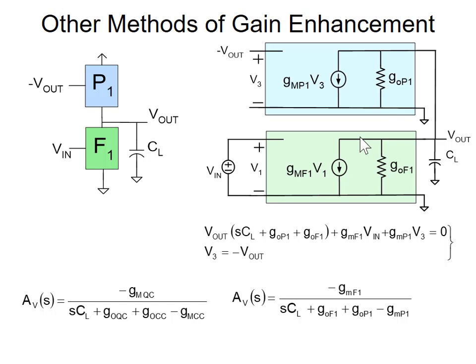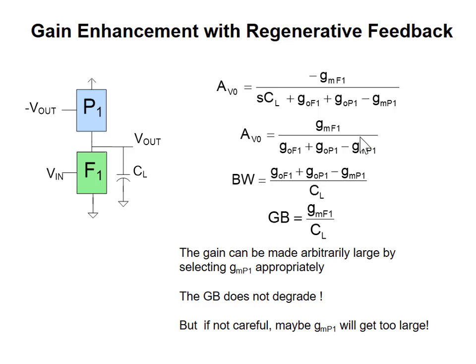Or maybe we try to make this term 90% of this sum. Then we get a factor of 10 increase. And the argument is maybe we won't have that pole go into the right half plane then. Make sense? So, a lot of gain enhancement capabilities with this approach.